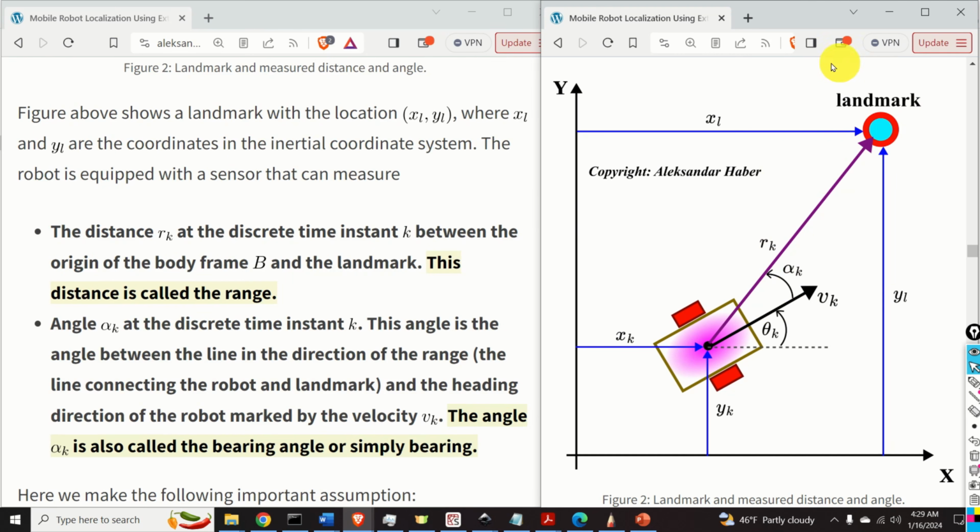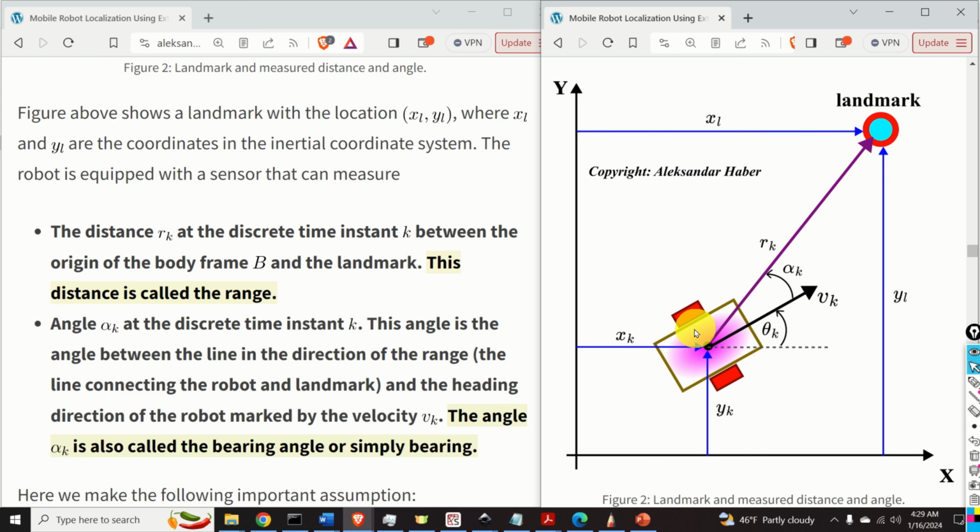This is our landmark with the location xl and yl, where xl and yl are the coordinates in the inertial coordinate system. The robot is equipped with a sensor that can measure, number one, distance rk at the discrete time instant k between the origin of the body frame B and the landmark. This distance is called the range.